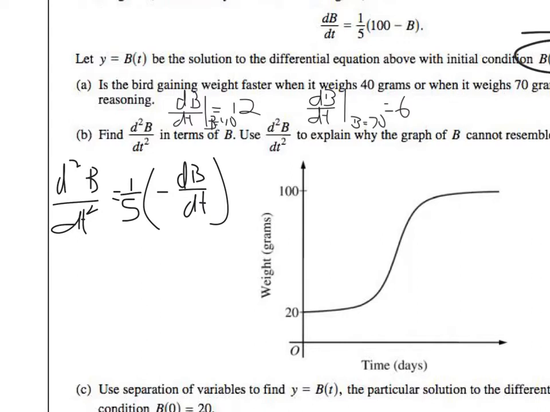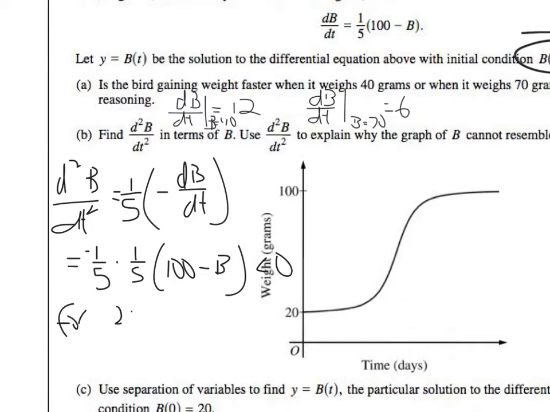So let's see. That's negative 1/5 dB/dt. I'll put the negative in front. dB/dt is 1/5 times 100 minus b, and that's going to be less than 0 for 20 less than b less than 100.